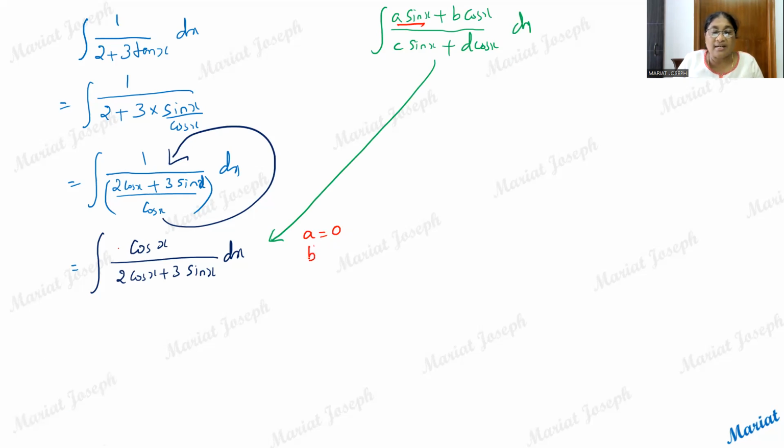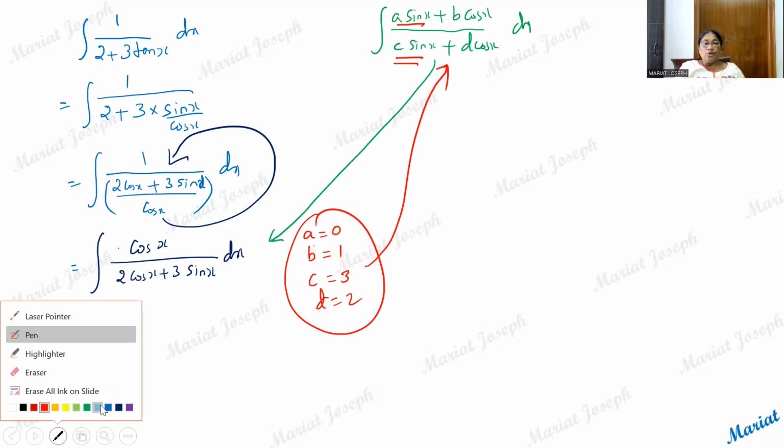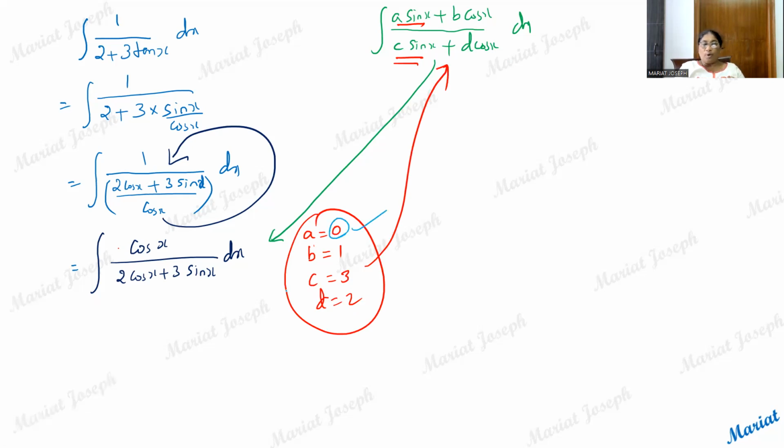B cos x is here, so it is cos x. What is the b here? 1. What about c now? C sin x is 3. And the d is 2. See, it is perfectly in this pattern. One of them is 0, no problem. The numerator having one of them as 0 is okay. Still, that generalization method is applicable.